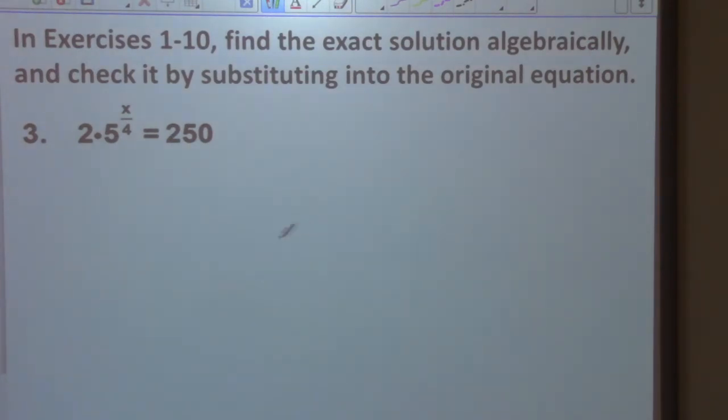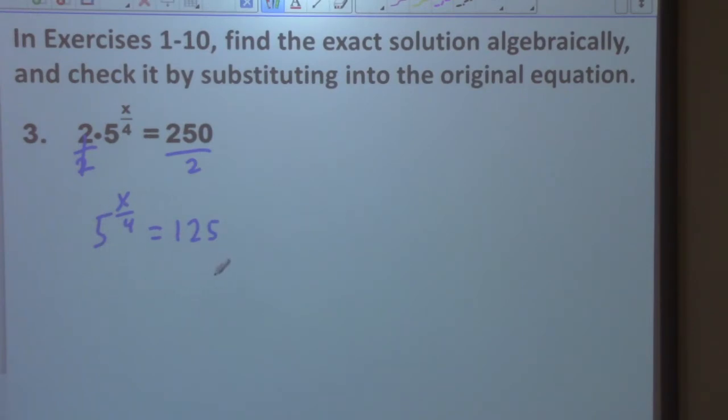Divide by 2 on both sides. So we're left with this equals 125. And you divide by 5 too? This is a base.